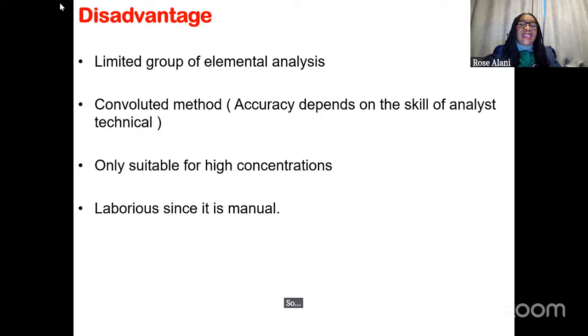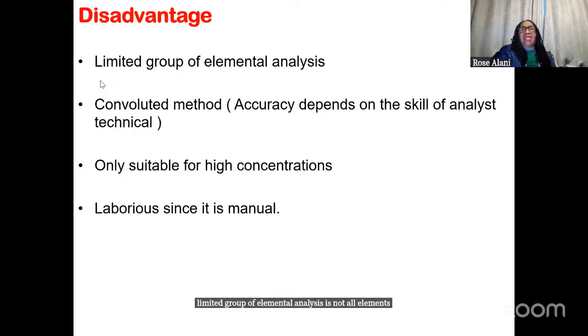There are disadvantages. Limited group of elemental analysis. Not all elements can be analyzed using gravimetry. It is a convoluted method, that is, the accuracy or the skill of the analyst is very important. Otherwise, there'll be a lot of error.